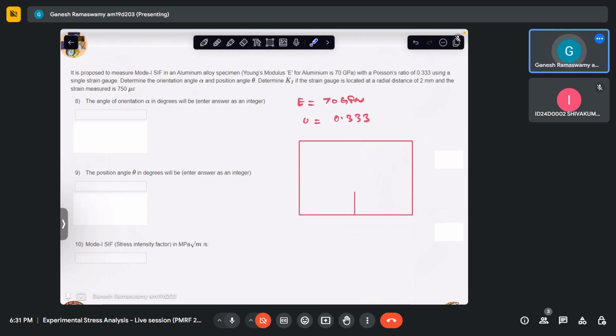Naturally, if there is a stress concentration, there would also be high strains.